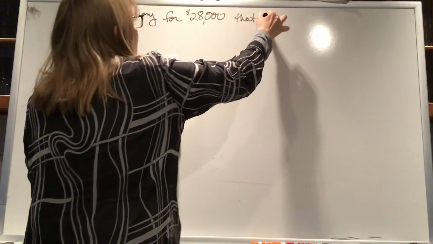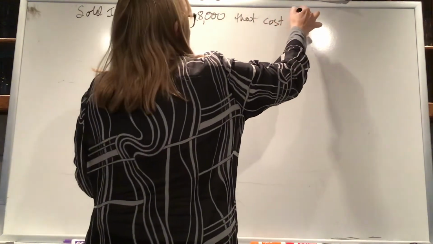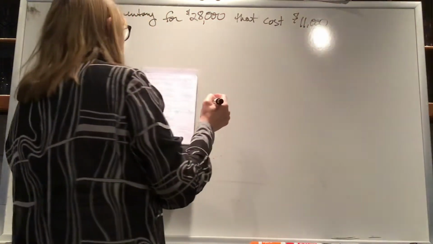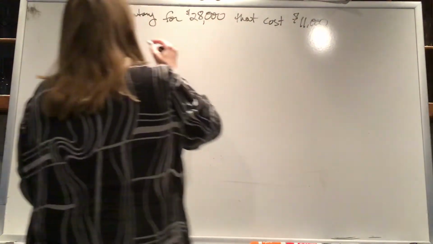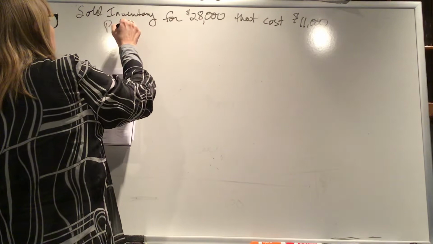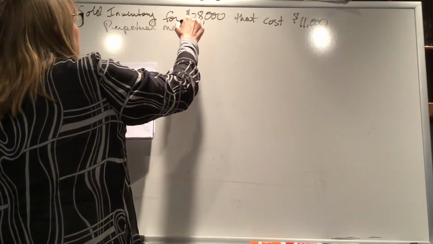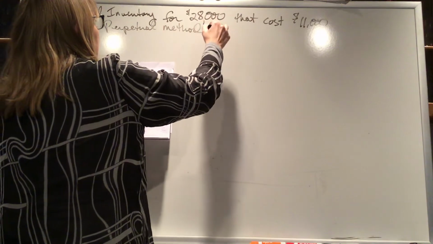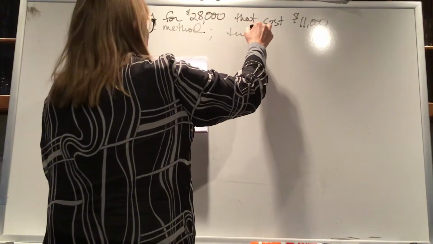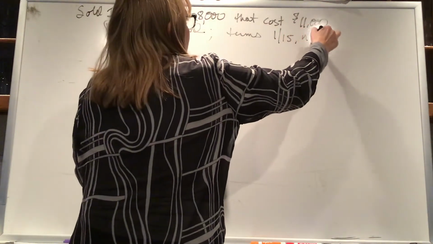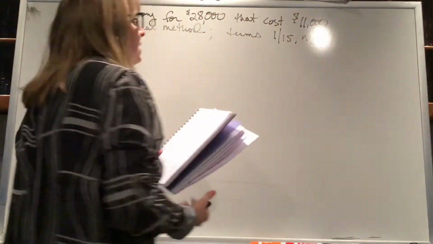That cost $11,000. And we're on the perpetual method. And the terms are 1/15 net 45. So again, we're not going to do the discounts.